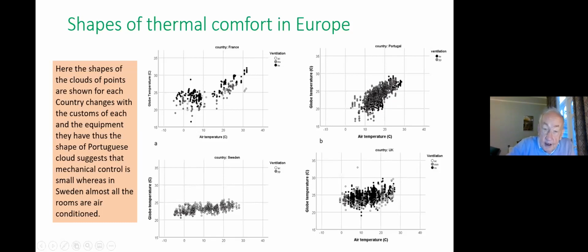In Sweden, all the buildings were air conditioned, and you can see that the Swedish indoor temperatures are between 20 and 25, like the air conditioned buildings in the UK, right up to 30 degrees and right down to -5. So the Swedish ones are typical of a highly controlled indoor environment.